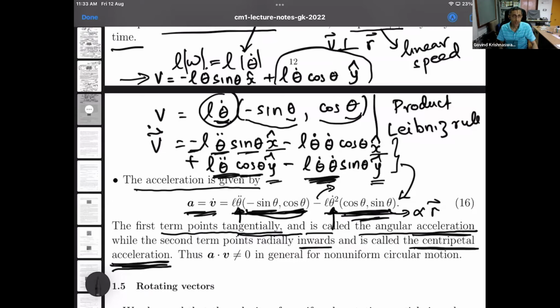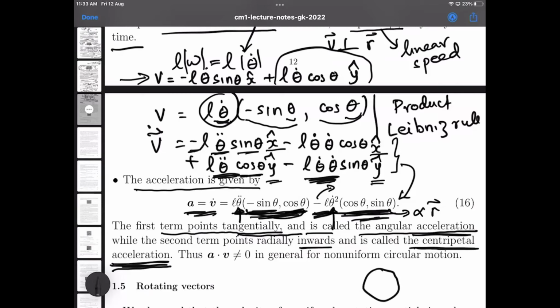Centripetal acceleration, by calculation, points radially inwards. Could you tell me about the angular part? Which way does it point? Can you give any insight into that? So one points tangentially and the other inwards, right?